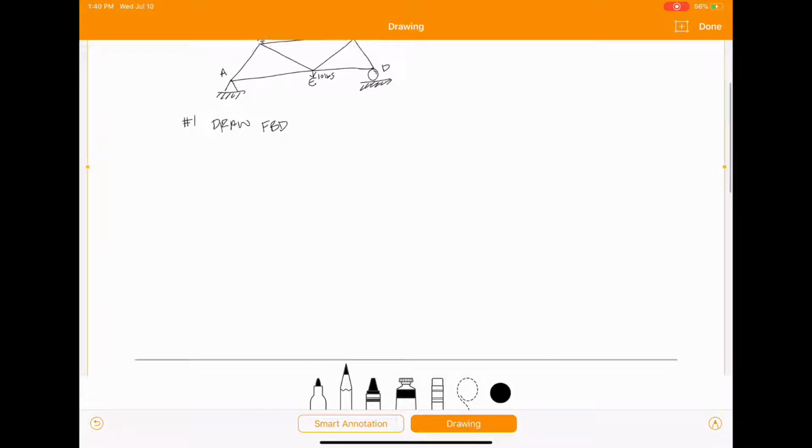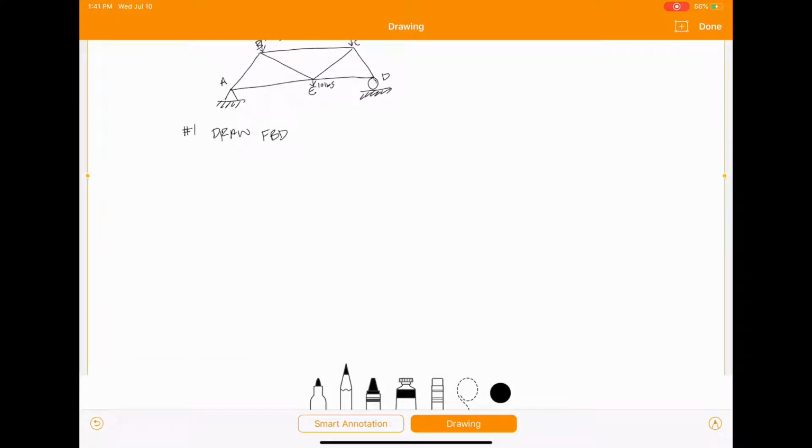So again, drawing your free body diagram, you're going to start with your object, which in this case is going to be our truss. So just quickly draw that out.